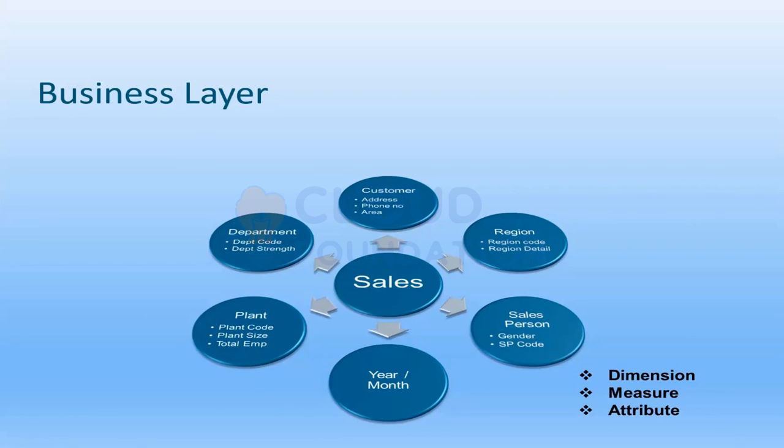What is the sales revenue? What is the profit? These all come under measure. Dimension is text data like salesperson and region, and measure is a main KPI, I mean sales amount, net profit.